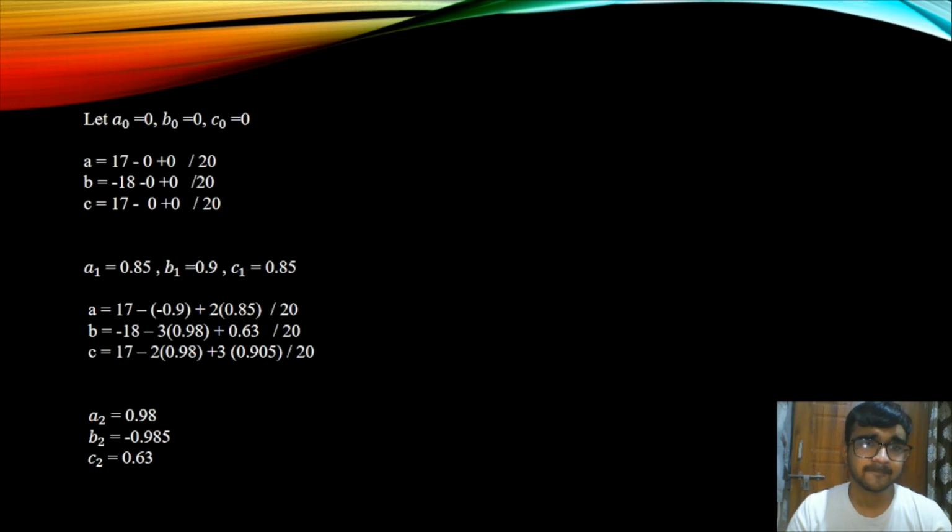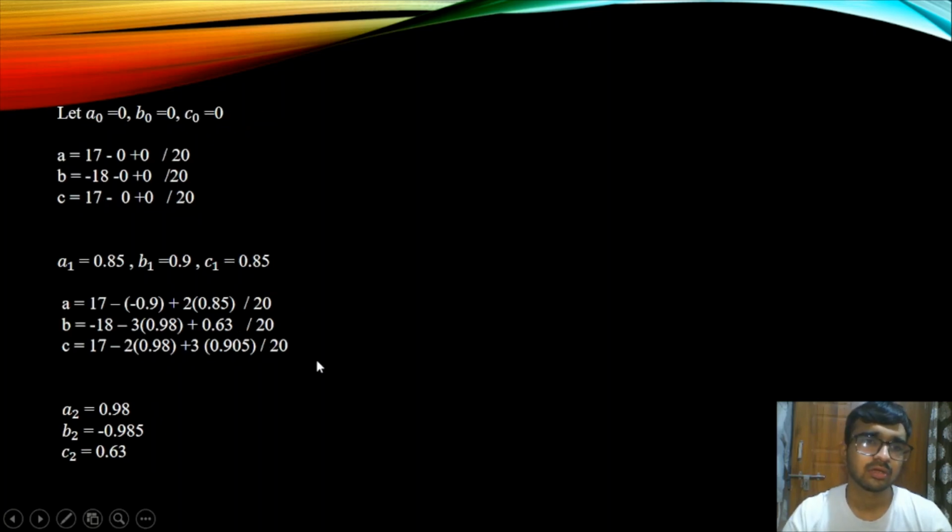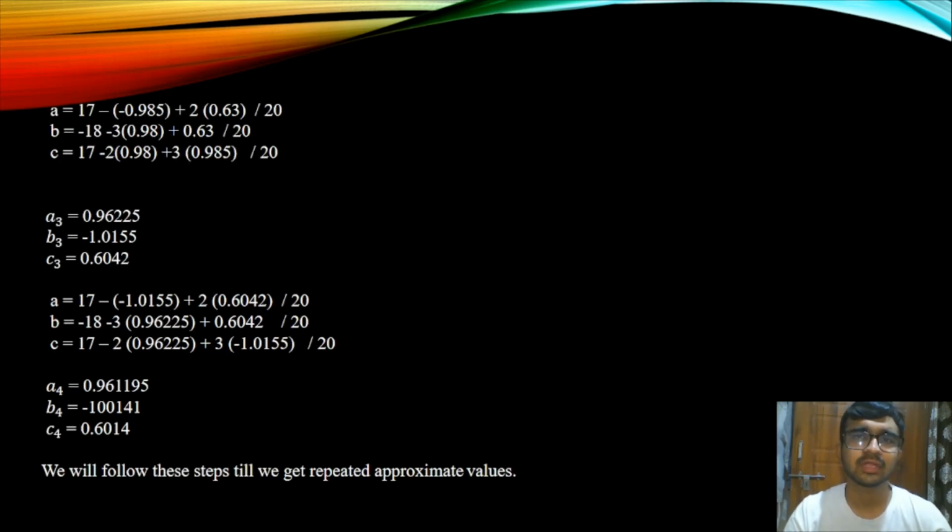In this way we will do it in an iterative way until we get some repetitive values, or values where the digits after the decimal become constant, as we have done here.